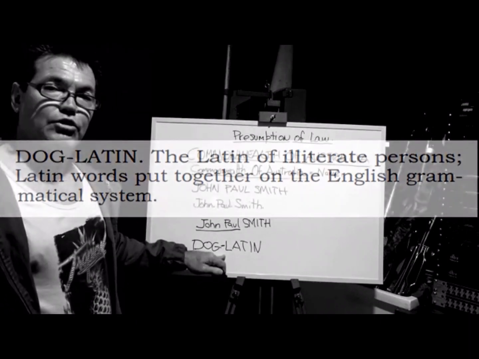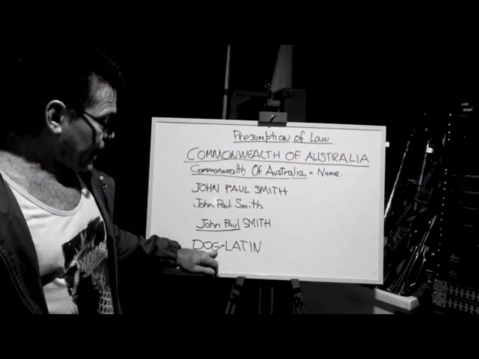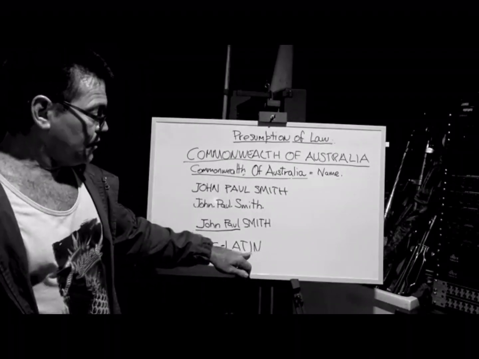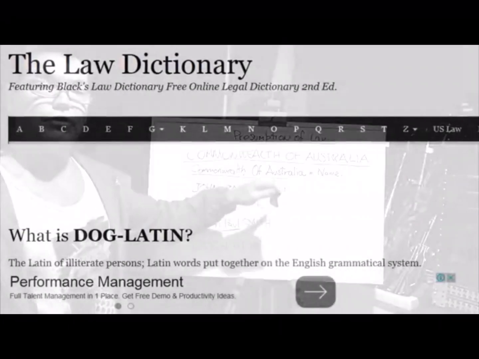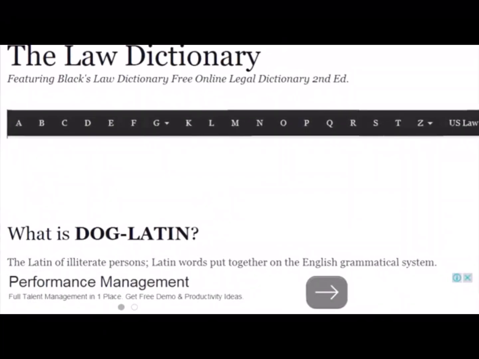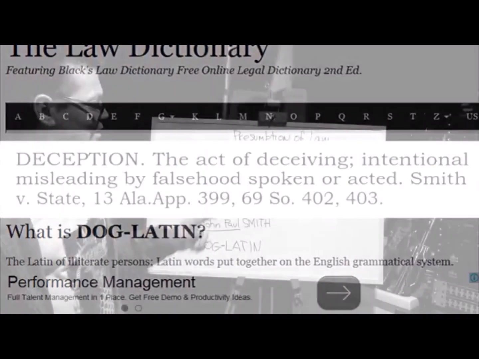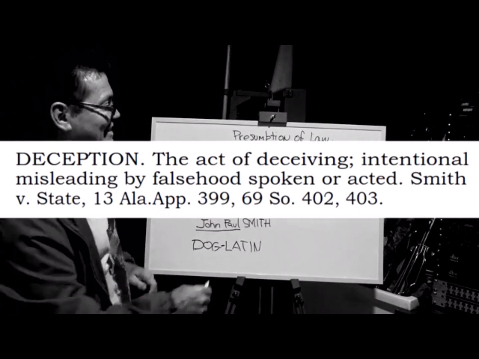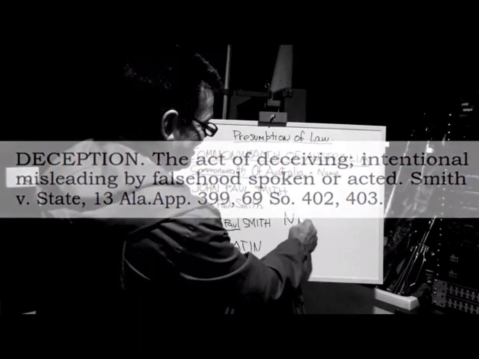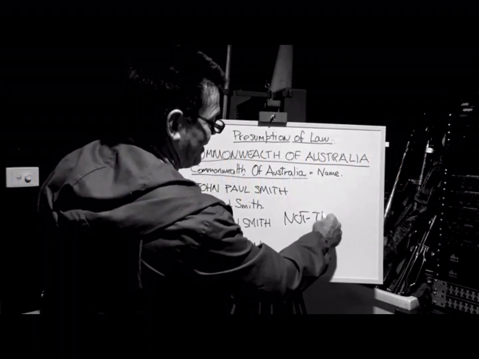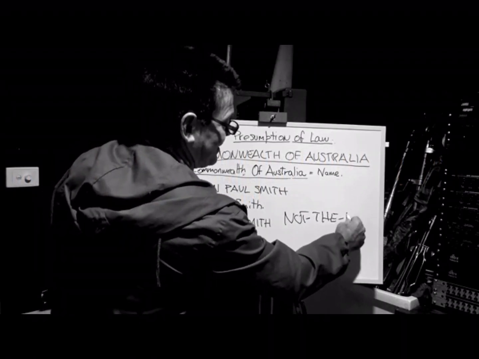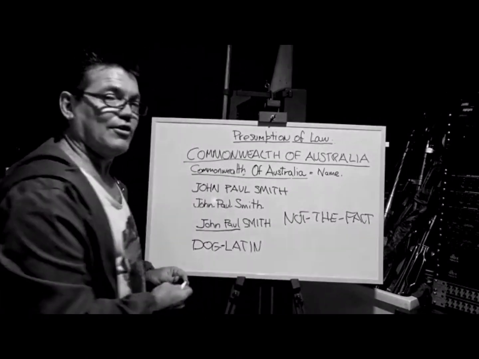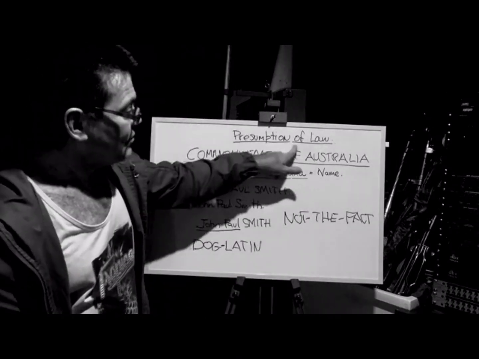The word debased means criminal and immoral, whereas Dog Latin is the Latin for the illiterate, because it's Latin operating under the grammatical rules of English, which is impossible. But it does create the presumption of law, not the fact. Not the fact. It creates the presumption.